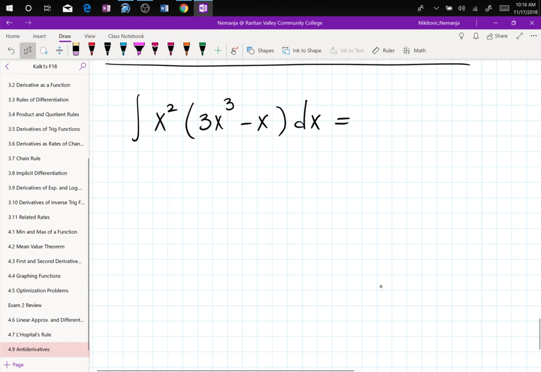You don't know any of the forms of product rules for integrals, and there are multiple ones, and most of them are in Calc 2. So your only bet here is to distribute x squared, and then you will have a subtraction of two functions, and those can be done independently, one from another. So we're all good in that case.